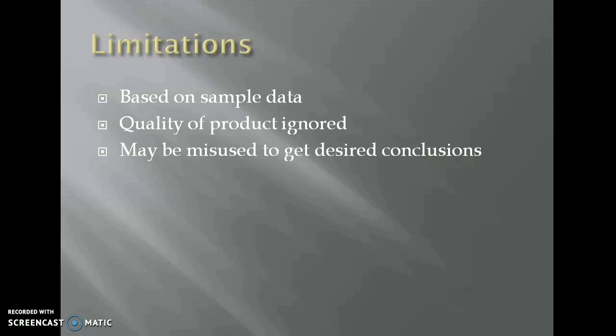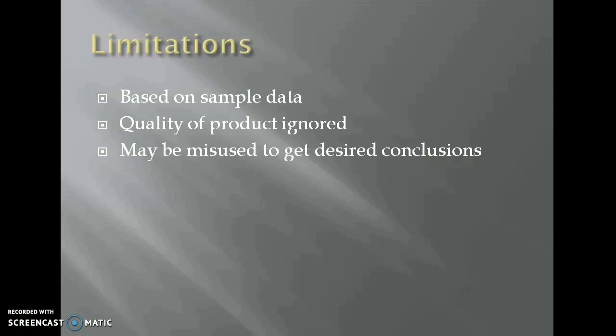Anyway, we are going with sample data, isn't it? We are not going to every nook and corner of India to get the index. So he will prepare the index number using sample data from the place where he may get favorable results, and that's how he can go for the conclusions. So this is another limitation of index numbers.